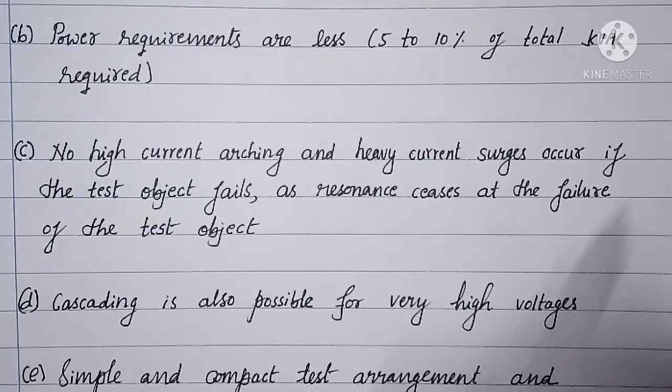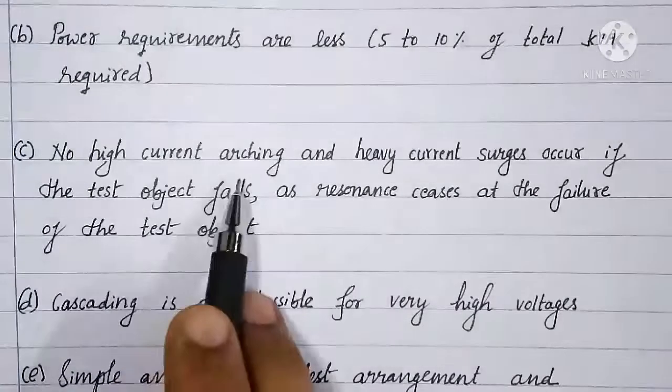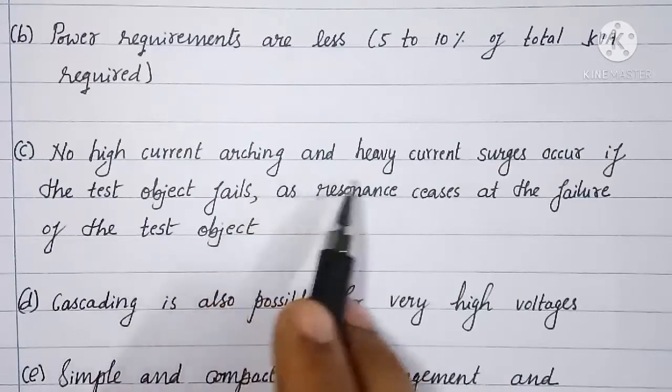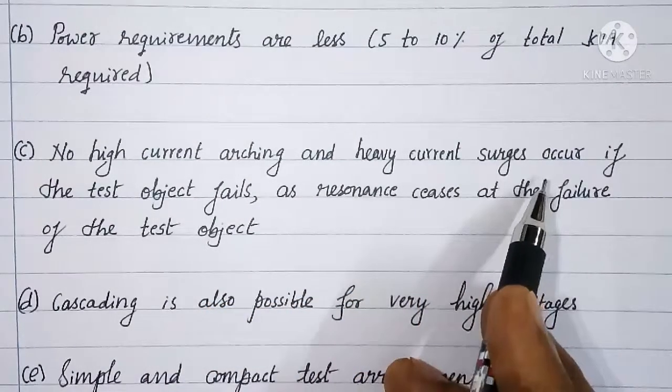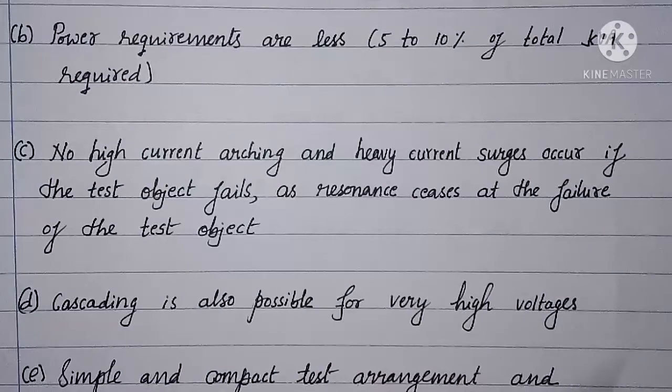That is, the impedance of the circuit will become square root of R square plus XL square. In other words, we can say that the resonance ceases. Therefore, the current in the circuit reduces, and hence there will be no arcing and heavy current surges whenever the test object fails.